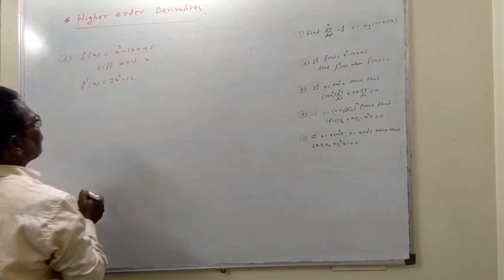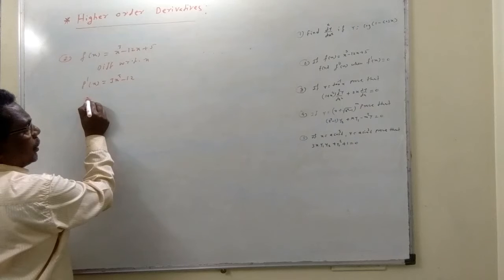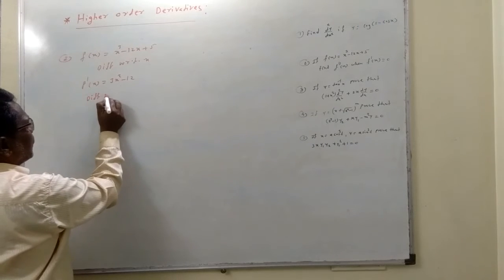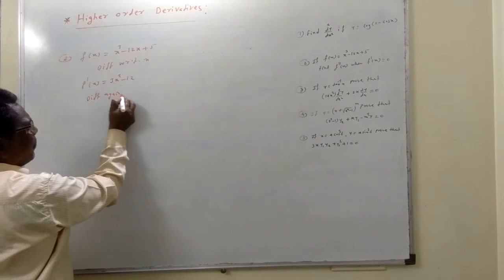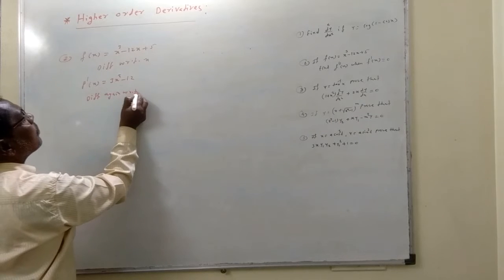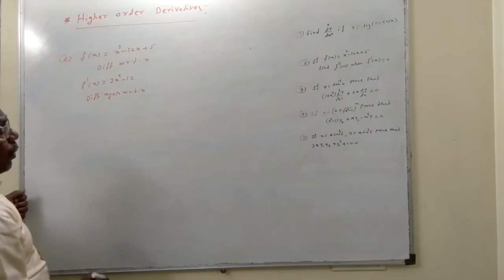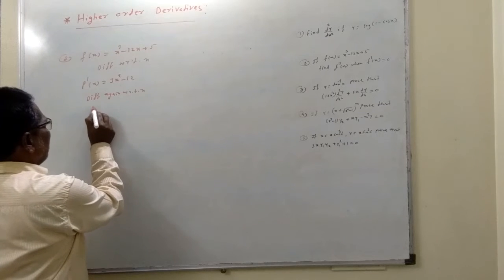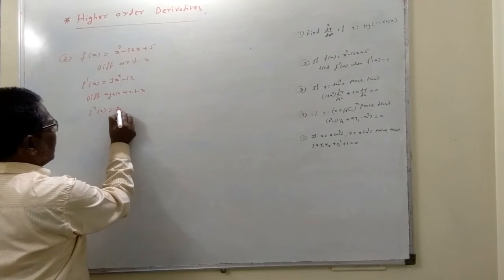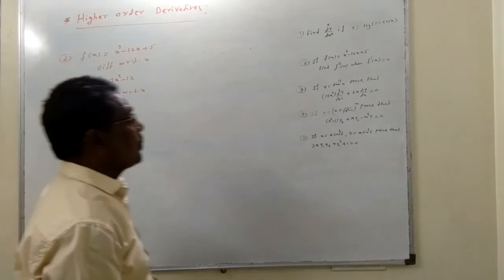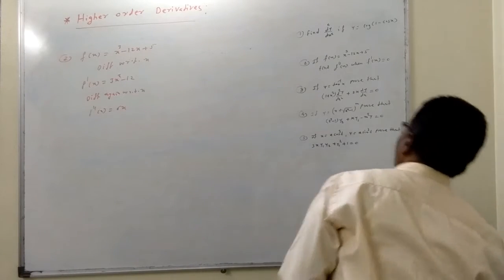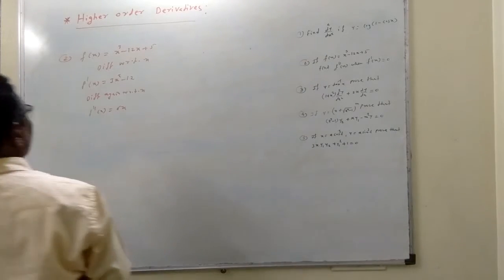Derivative of 5 is 0. Differentiate again with respect to x. Now here f double dash x is 6x, but you want to find f double dash x when f dash x is 0.